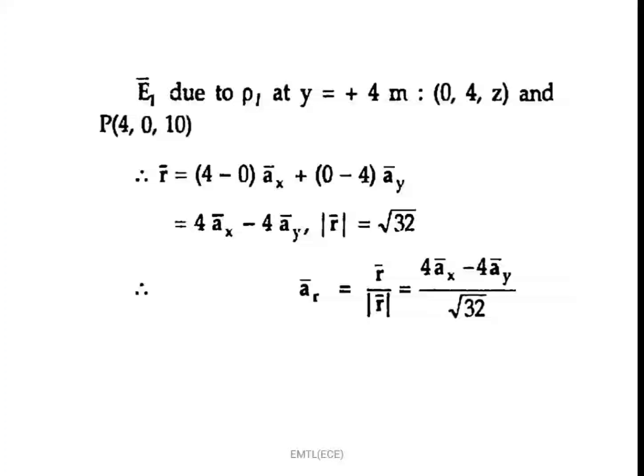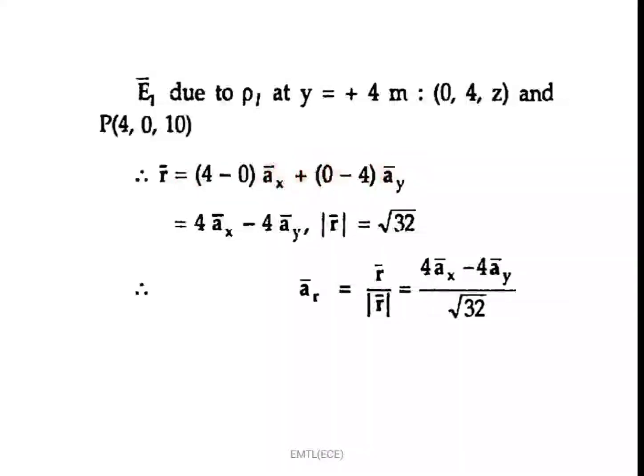That means the coordinates of y equals 4 are represented by (0, 4, z), and for point P the coordinates are given in the problem, that is (4, 0, 10). Now the position vector between these two points is simply (4 minus 0) ax bar, (0 minus 4) ay bar, and there is no z component. There is no electric field intensity along the z direction.